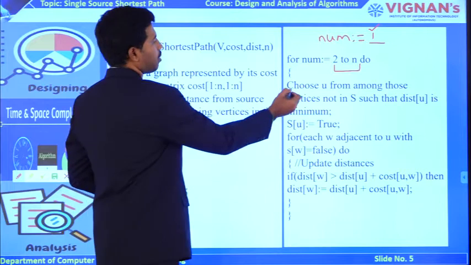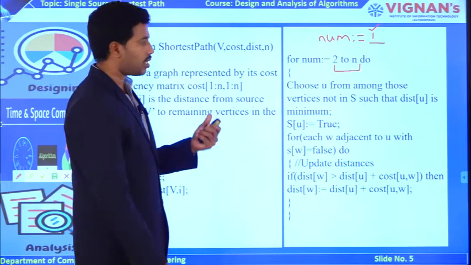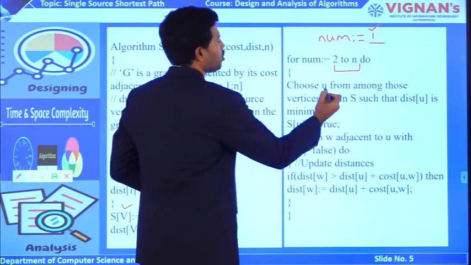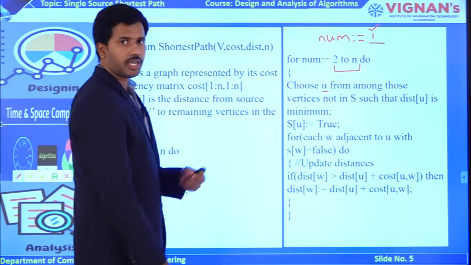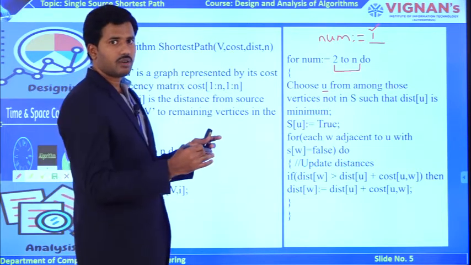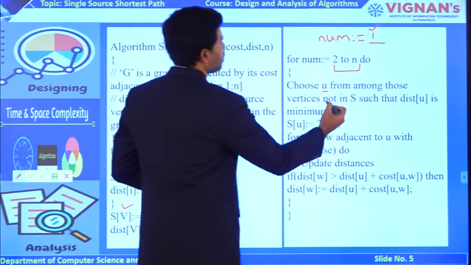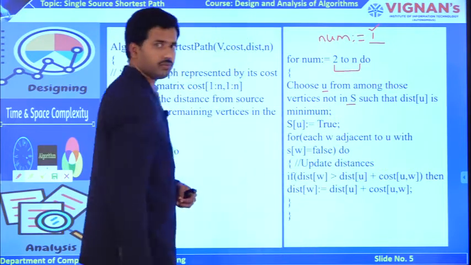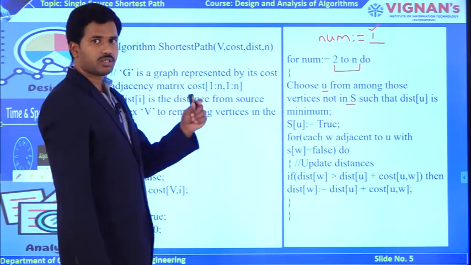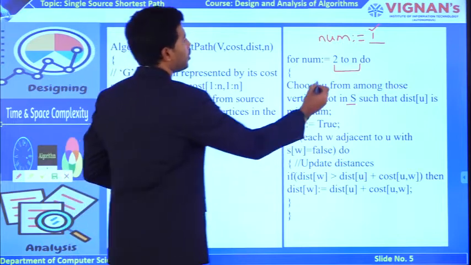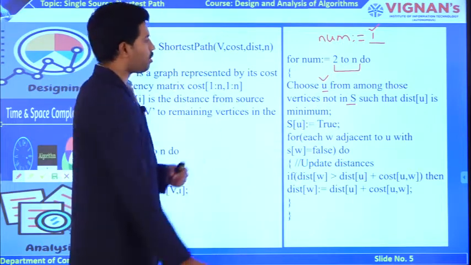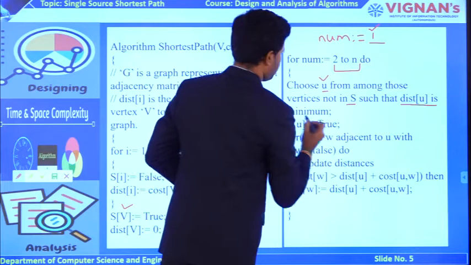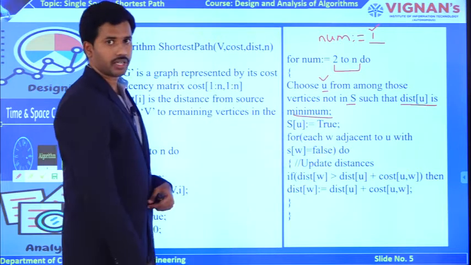This is not a comment, this is a statement. The statement is telling you to choose u. I need to choose a vertex which is not available in S. That chosen vertex I am going to call u, and that u must be minimum. This point is very, very important.